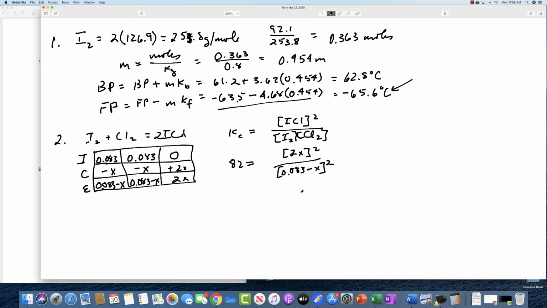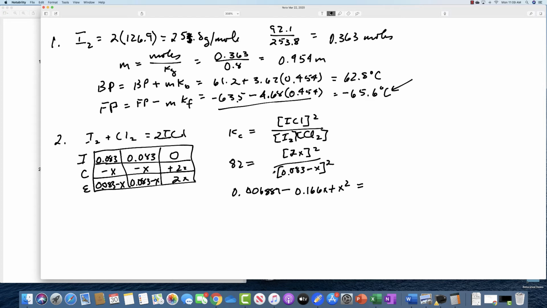And now if we do the math here, we get 0.006889, that's this squared, minus 0.166x, that's 2 times this, plus x squared, and then it's going to equal 82x squared.